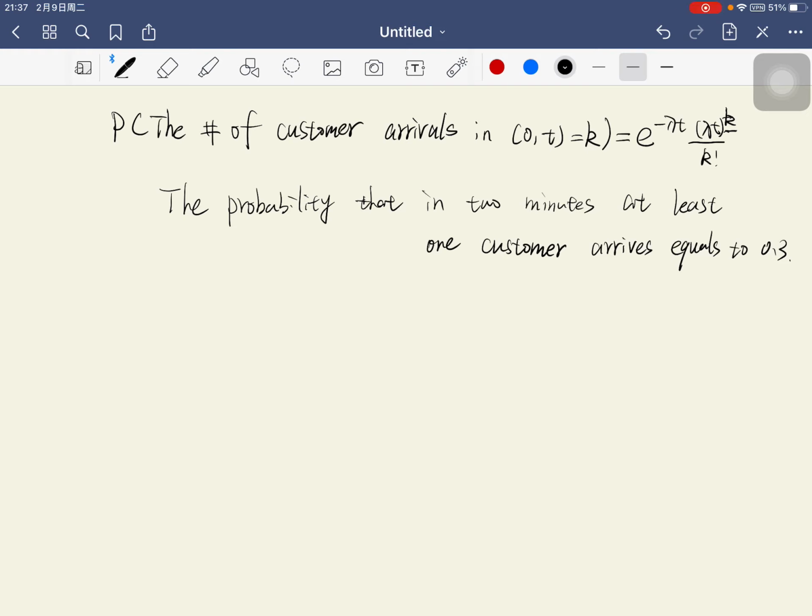This is question 5 in homework 2 of the course Probability and Stochastic Process.